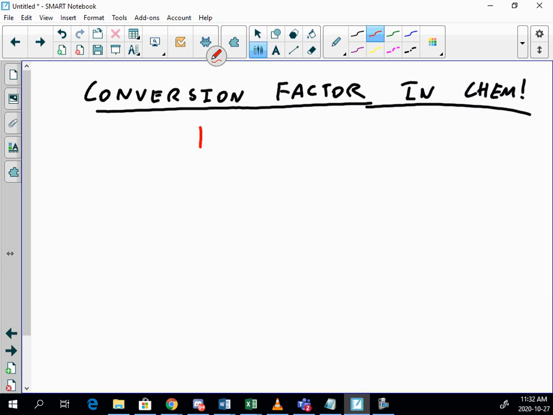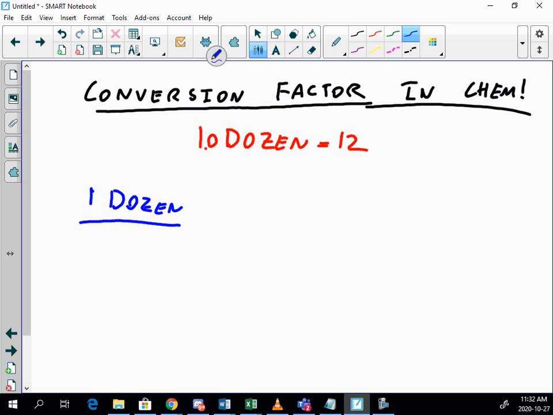We said that 1 dozen as a unit of measurement was the same thing as a count of 12. Which means that I can write two different conversion factors. I can write this conversion factor, 1 dozen over 12. And I can write this conversion factor, 12 over 1 dozen.